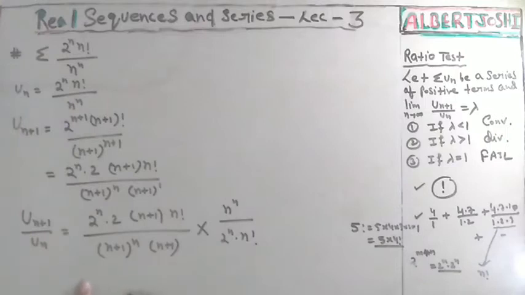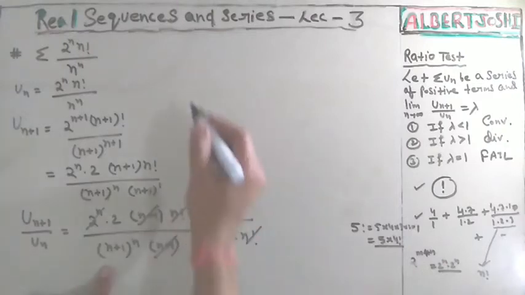So now you can see that 2 to the power n cancels, n factorial cancels, and n plus 1 cancels.